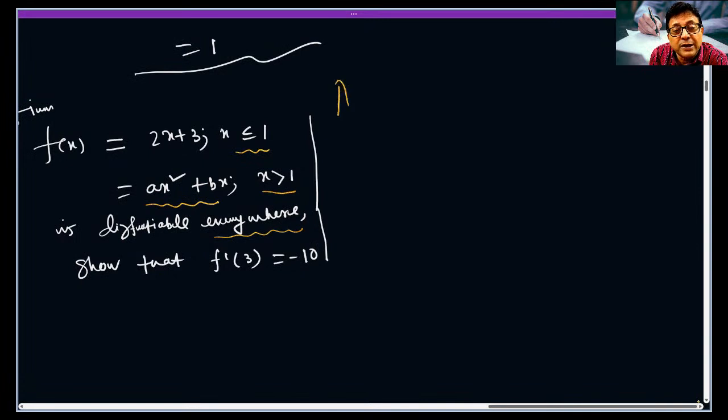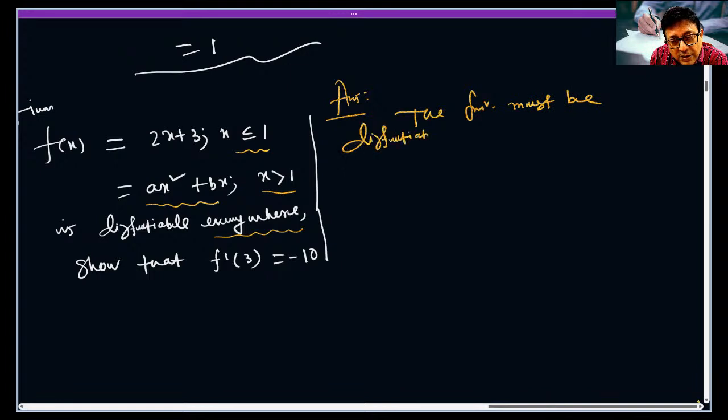So answering this manner, the function must be differentiable at x equal to 1 also.